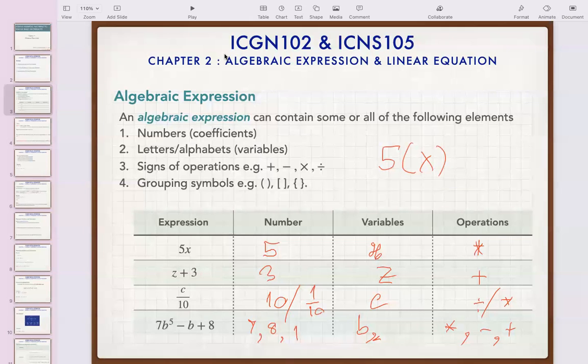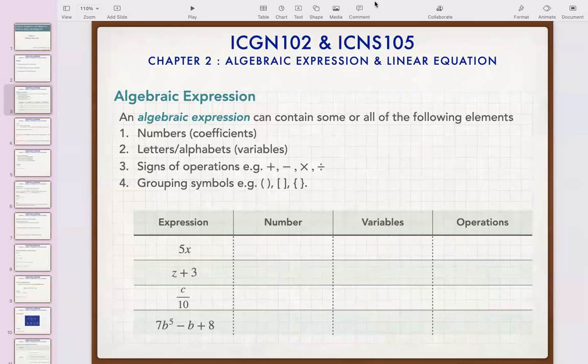Now, when we talk about the expression, the example of the expression already. Now we talk about the next terminology, that is term.